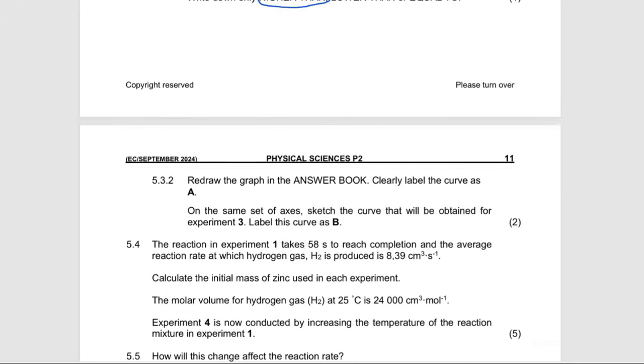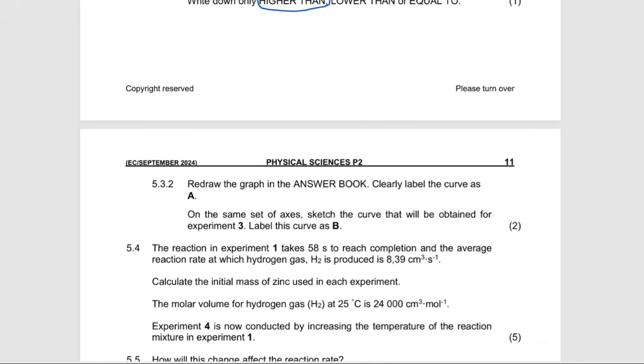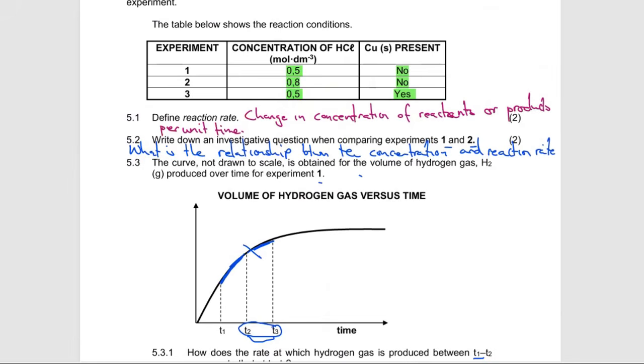Now it says 5.3.2, redraw the graph in the answer book and clearly label the curve as A, right? On the same set of axes, draw the curve that will be obtained for experiment number three and label this curve B. So let's look at experiment number three. What was changed in experiment number three? The concentration there again, and then what did we add there? We added more copper, right?